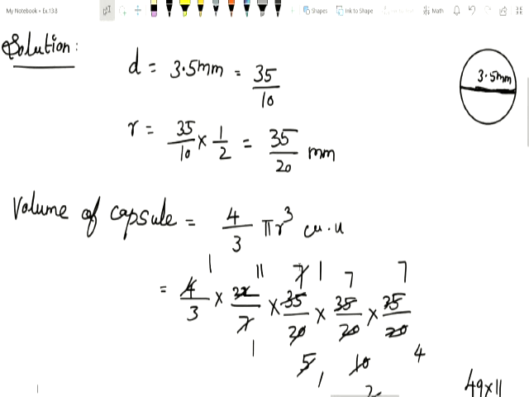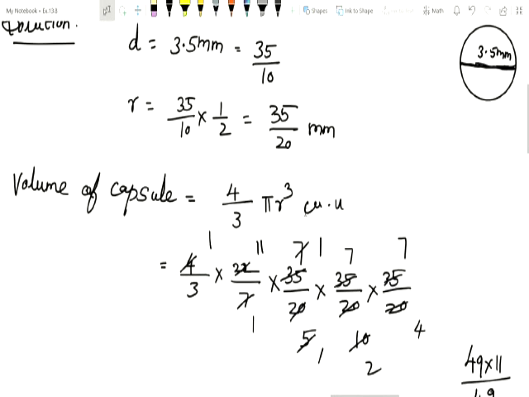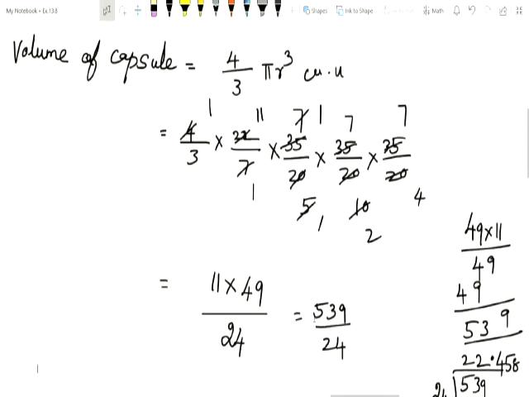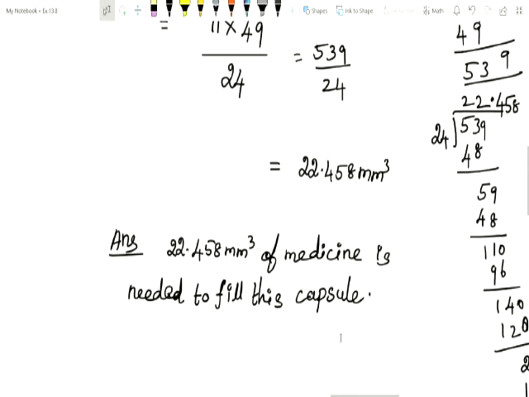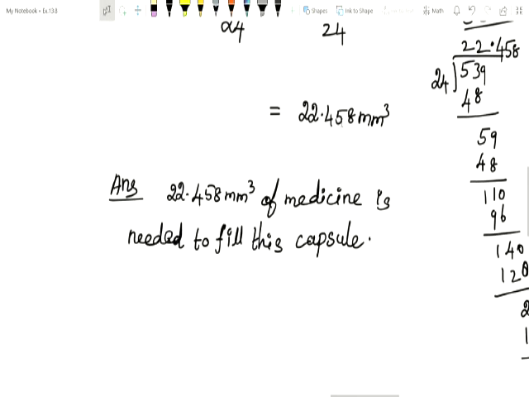Next, volume of capsule equals 4 by 3 pi r cube. We substitute the values. After simplification we get 539 by 24. After dividing, we get 22.458 millimeter cube. So 22.458 millimeter cube of the medicine is needed to fill this capsule. Do you understand, children? Thank you, children.